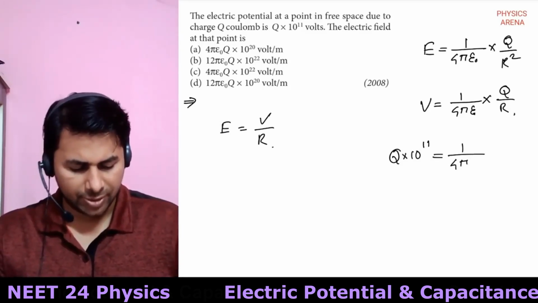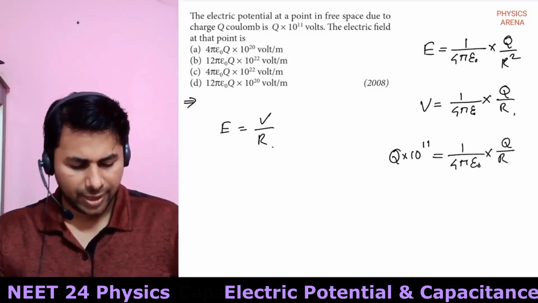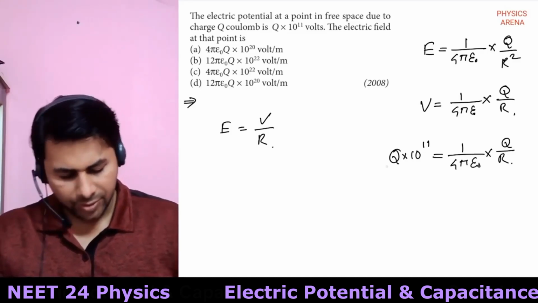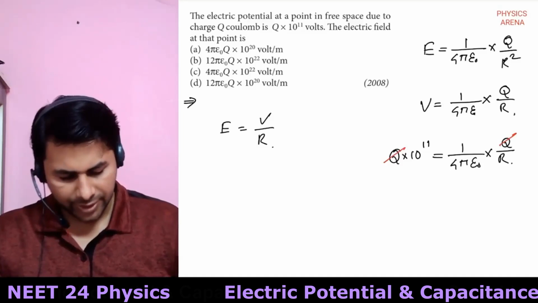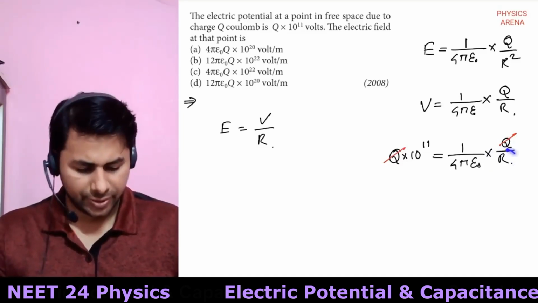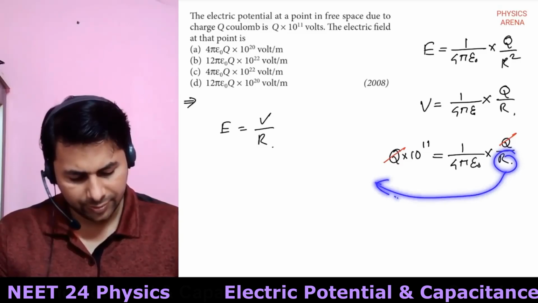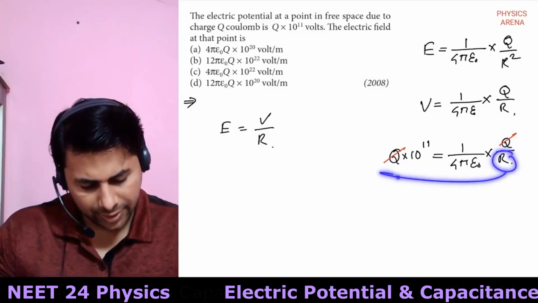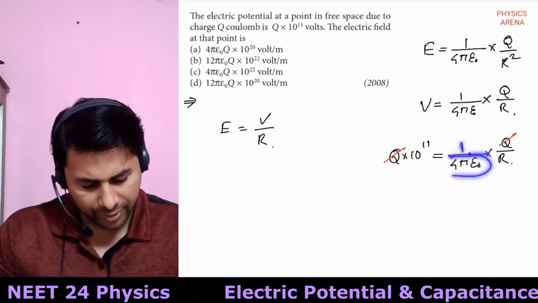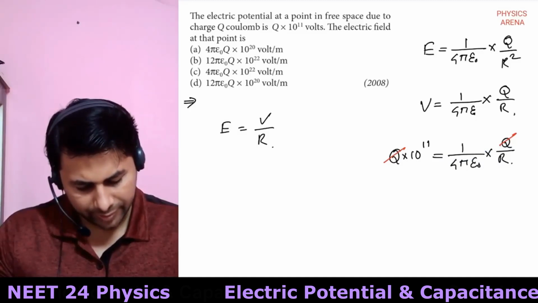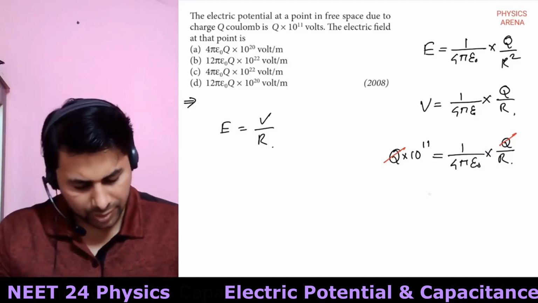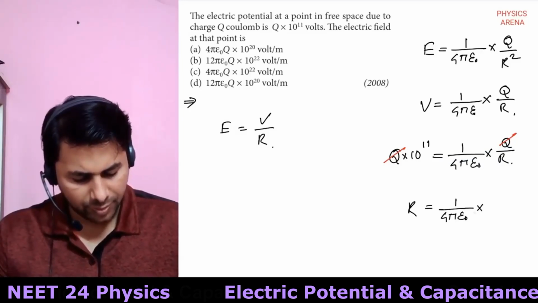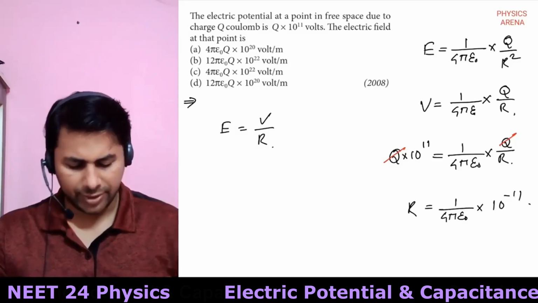It is equal to 1 upon 4 pi epsilon naught times Q by R. And all options are in terms of epsilon naught, so let's keep R in terms of epsilon naught. If you take R on that side, you will get R equal to 1 upon 4 pi epsilon naught multiplied by 10 raised to minus 11.